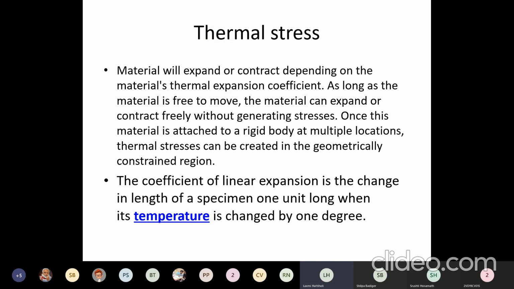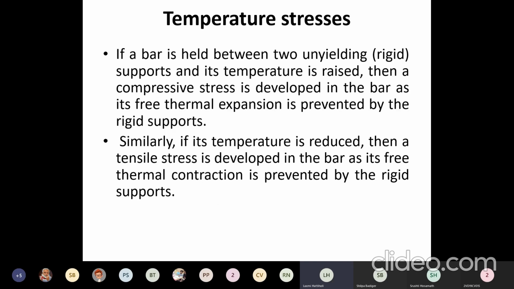When a bar is free and you increase the temperature, the deformation increases, but temperature stresses will not be generated because we have not restricted it.